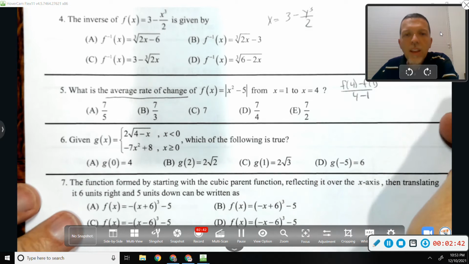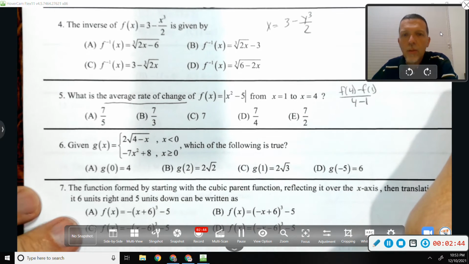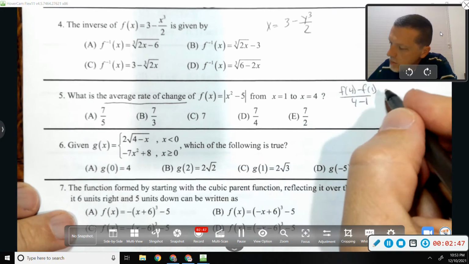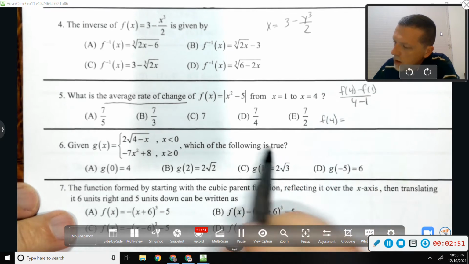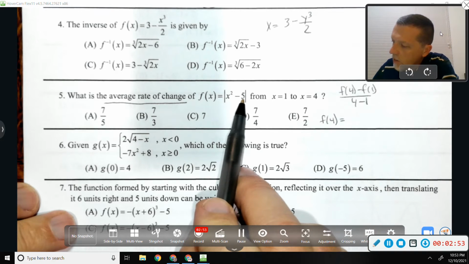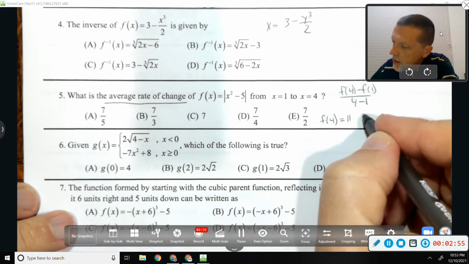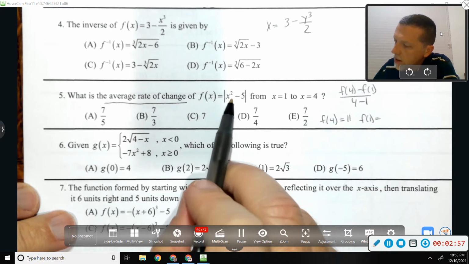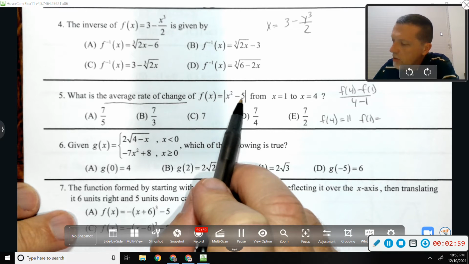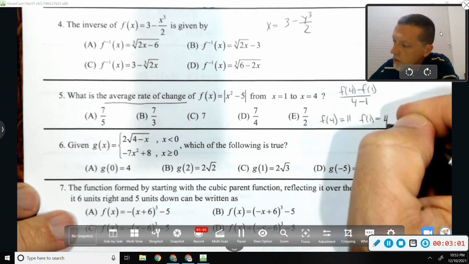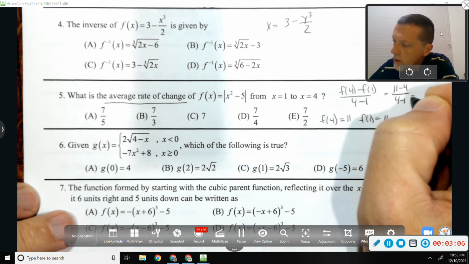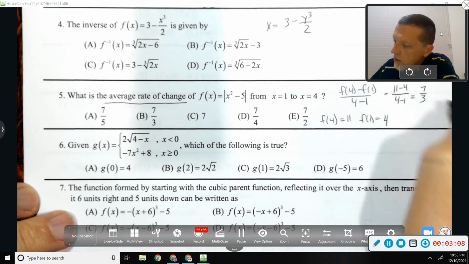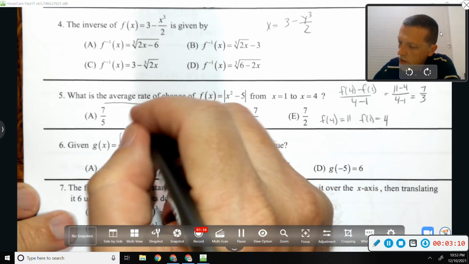It's just like the slope formula. It is the slope formula. F of 4 is 16 minus 5 is 11. F of 1 is 1 minus 5, which is negative 4, but it's in the absolute value bars, so 4. So 11 minus 4 over 4 minus 1, 7/3, which is letter B.